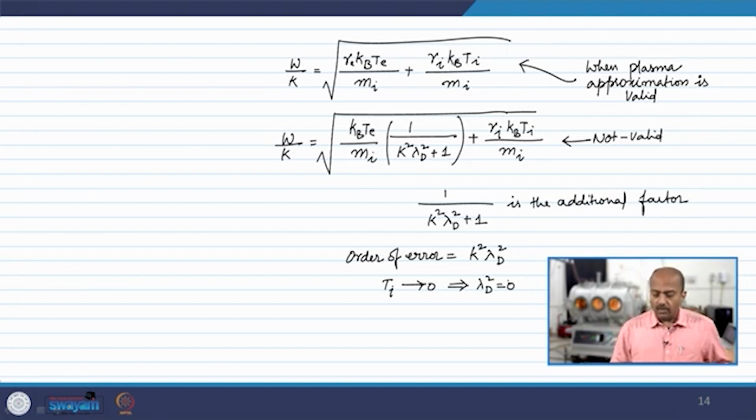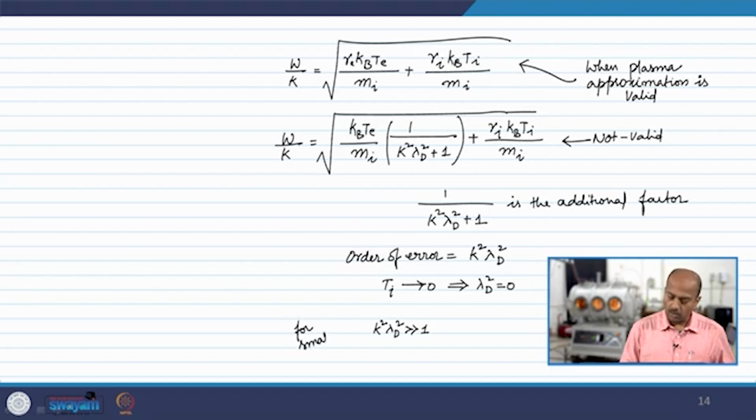So, at shorter wavelengths, k, which is 2 pi by lambda, k square lambda_D square becomes much larger than 1 for small lambda, or very large k, and we can say that omega square will become equal to k square.